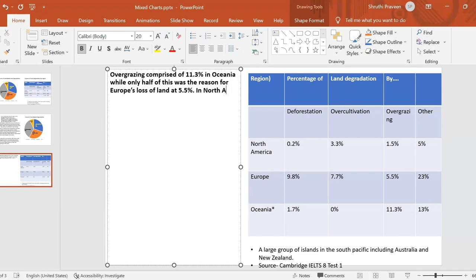In North America, only a negligible quantity of land was destroyed due to deforestation. Only negligible, that is 0.2 percentage.